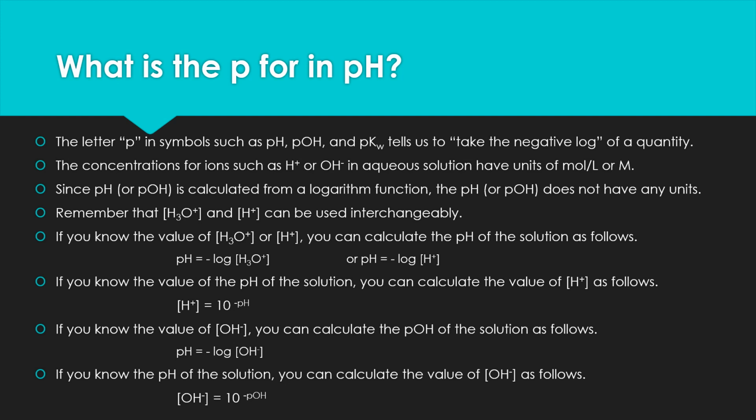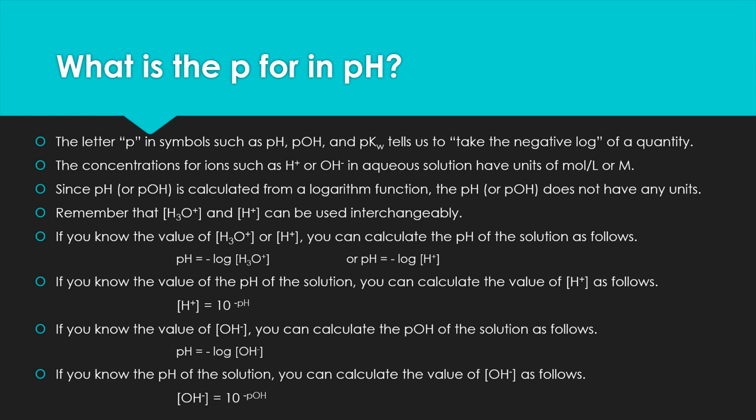So it's not something we have to always jump to our equation sheet for. You see that P, you're going to say, oh, that's negative log. I just have to type in negative log, type in my concentration. The concentrations for ions, such as hydrogen or hydroxide, in aqueous solution have units of moles per liter, or molarity, right? pH or pOH, and we're going to talk more about what pOH is, is calculated from a logarithmic function, and the pH or pOH does not have any units.